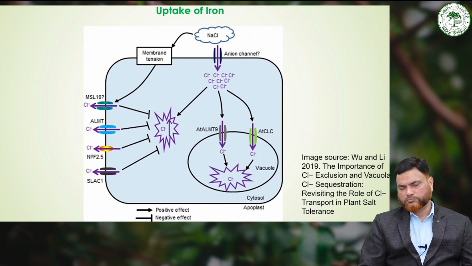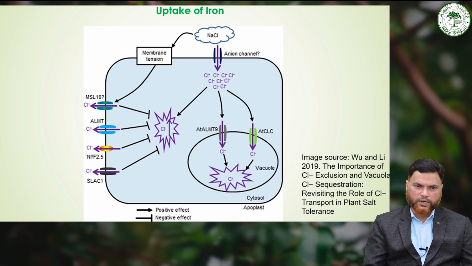Now, like other essential mineral elements, plants absorb chlorine primarily in the form of chloride ion from the soil through their roots. Chloride basically enters plant roots through specialized transport proteins, and these proteins are embedded in the root cell membranes.